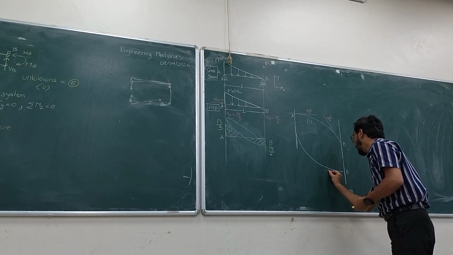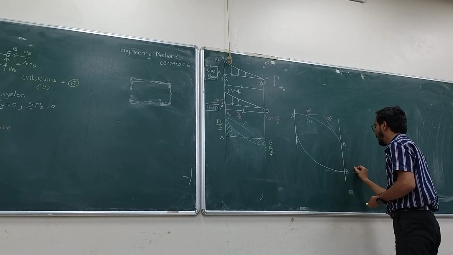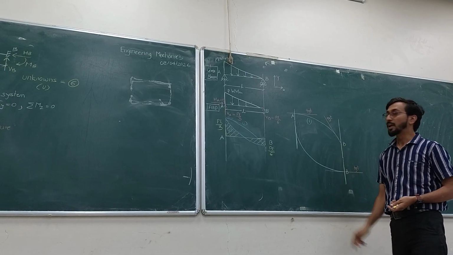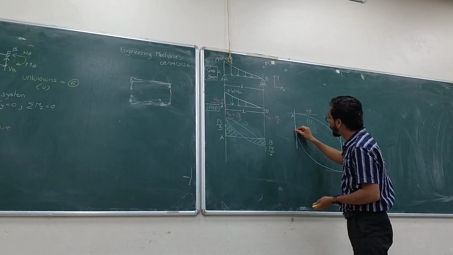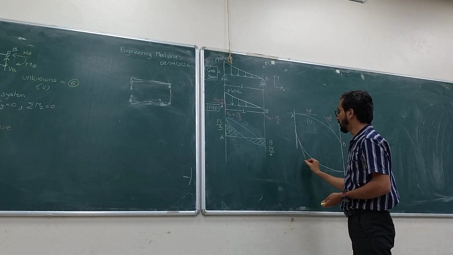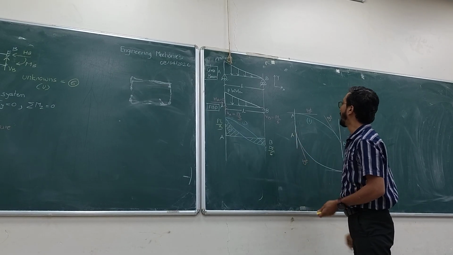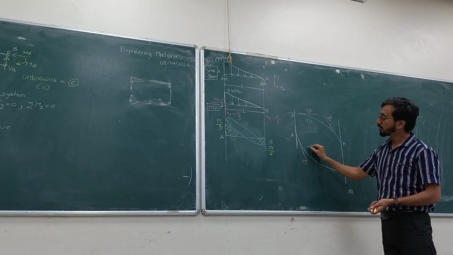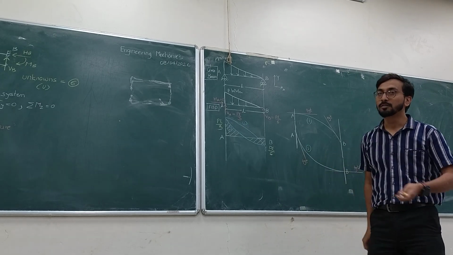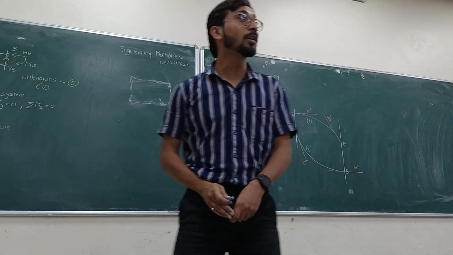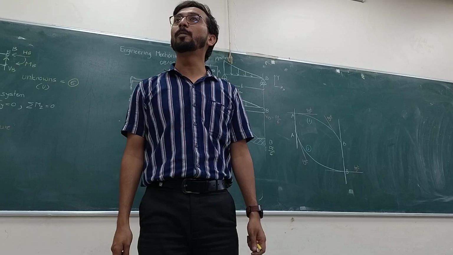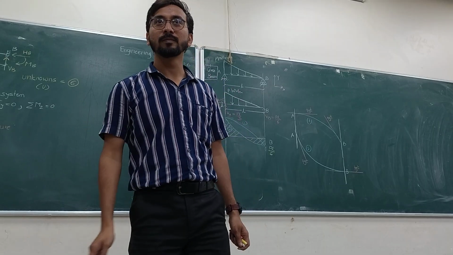It will be horizontal. And at point A the tangent will be... At least can you tell me at which point the curves 1 and 2 have got more slope and lesser slope?